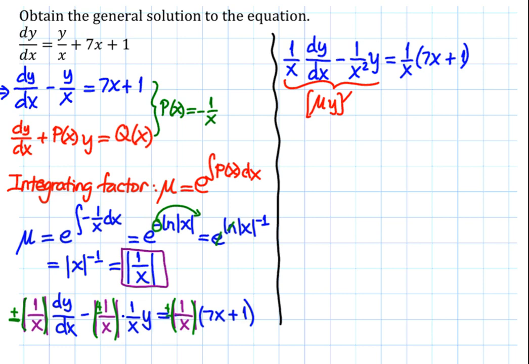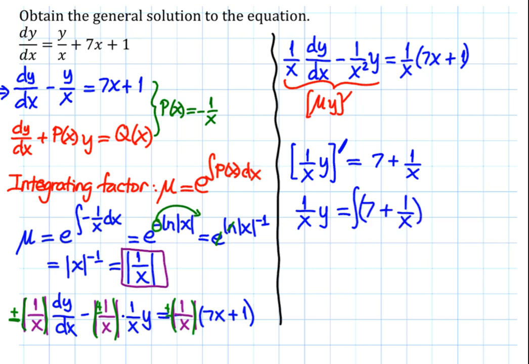In our particular problem, we will have the derivative of 1 over x times y. The right hand side, I will multiply it out. We have just 7 plus 1 over x. To undo the derivative, we just integrate. So we have 1 over x times y equal to 7 plus 1 over x.